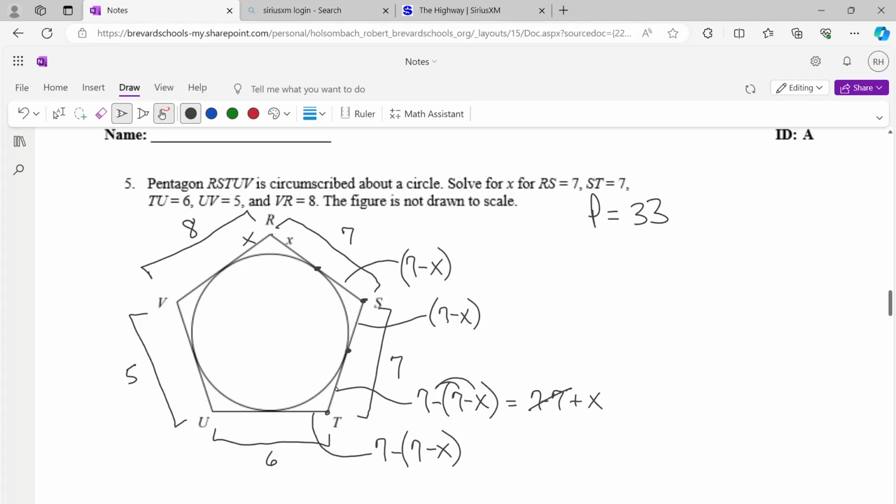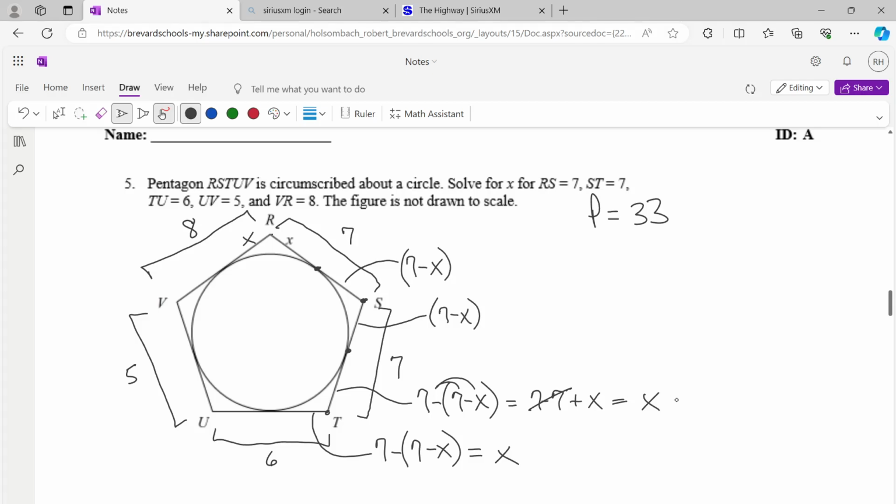So this piece, this tangent, is x units long. And if that piece is x units long, then the piece it's congruent to is x units long.